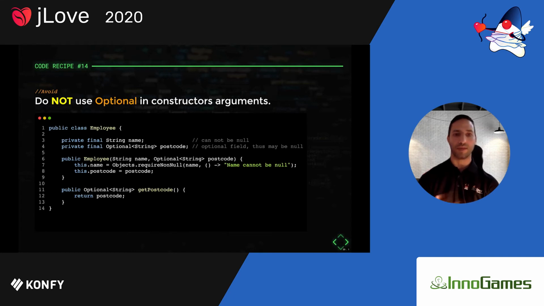It also complicates your code, because I have to create an Optional of type String and wrap the postal code inside that Optional just to create an employee. Wow, I just mentioned a lot of creation. So don't do this. Optional is meant to be used as a return type.